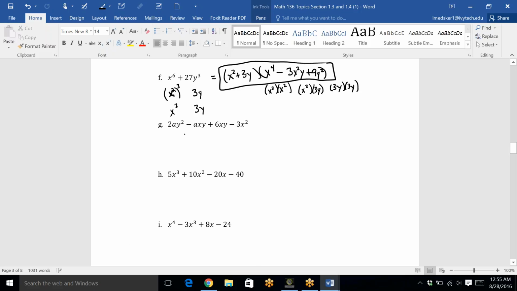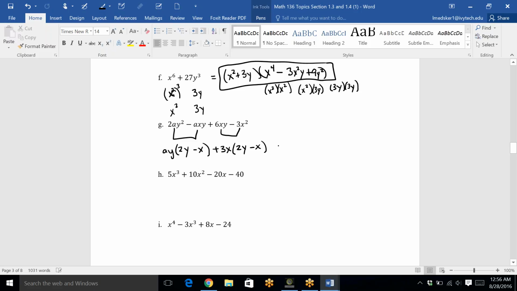G is 4 terms, so we could try to factor by grouping, try to pull something out of each pair. It looks like there's an a and a y in common for the first pair. That would leave me with a 2y and a minus x. The second pair has a 3 and an x in common, and it leads with a positive, so we'll pull out a positive sign. That would leave me with a 2y and a minus x.